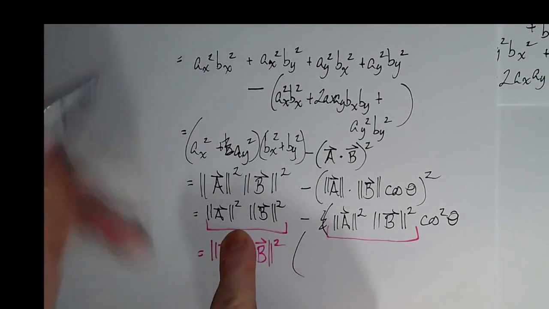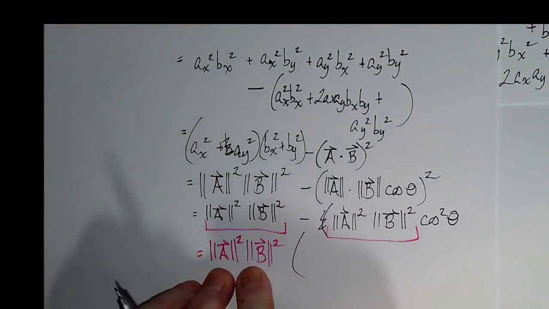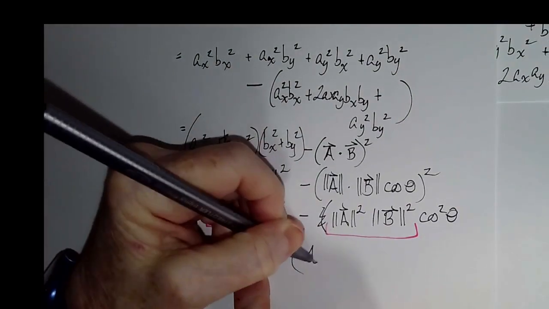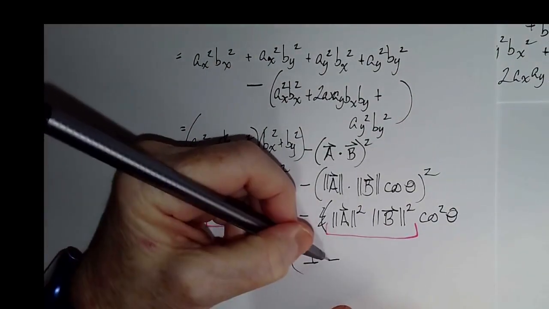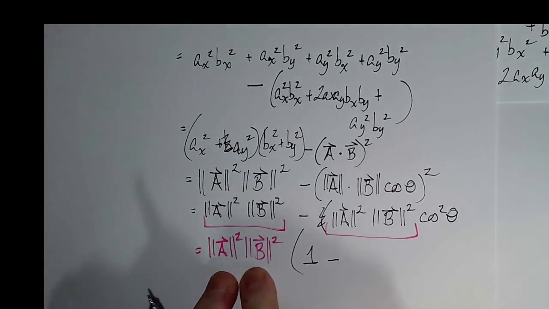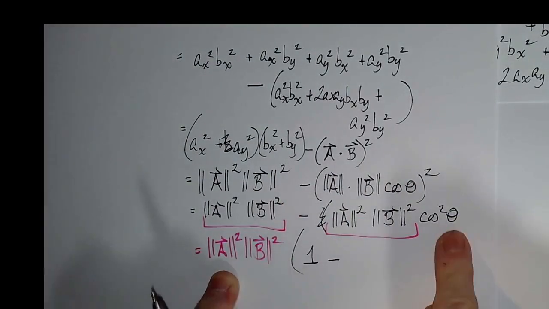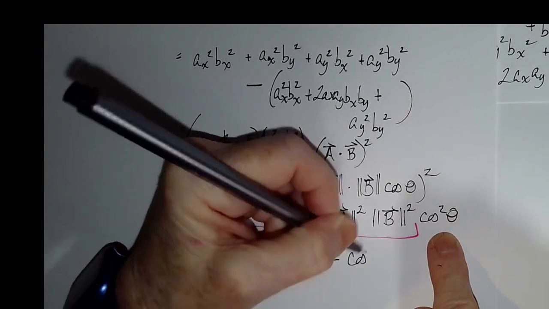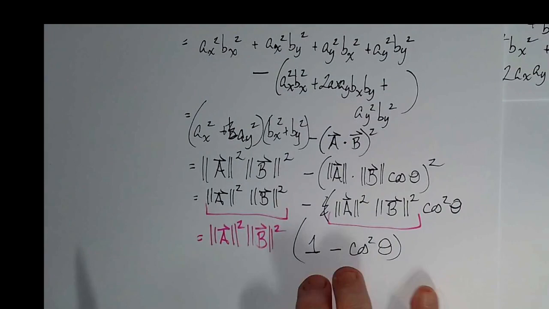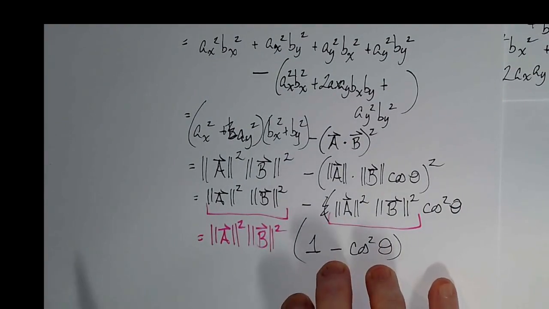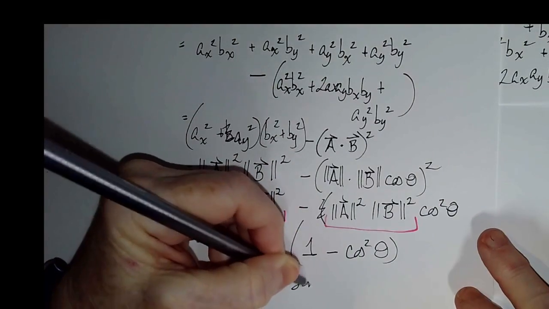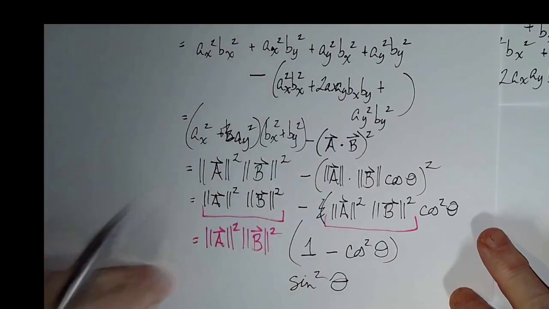If we take the first term and divide by the common factor, we're left with 1. Then we have a minus sign. If we take the second term and divide by the common factor, we're left with cosine squared theta. And I know you can't stand it. 1 minus cosine squared theta is, beautiful, sine squared theta.